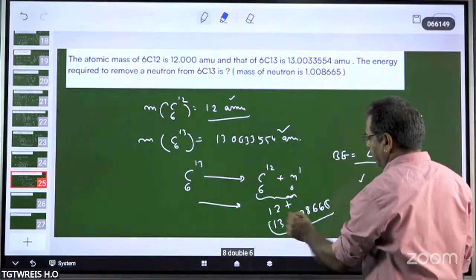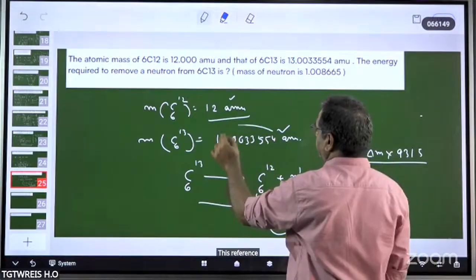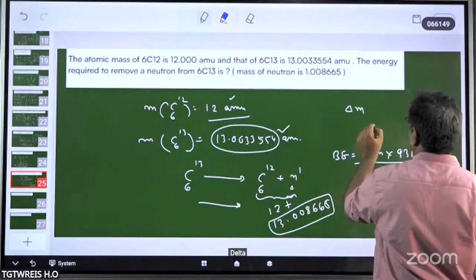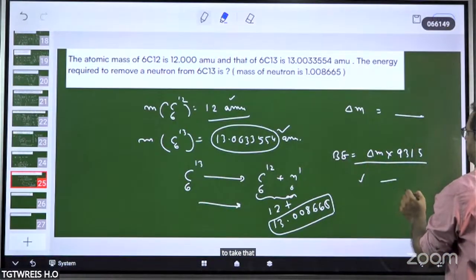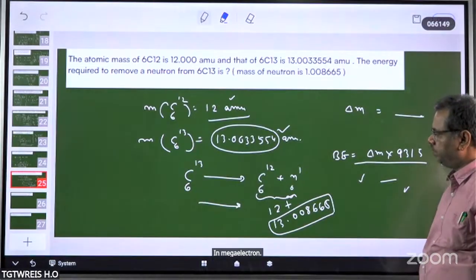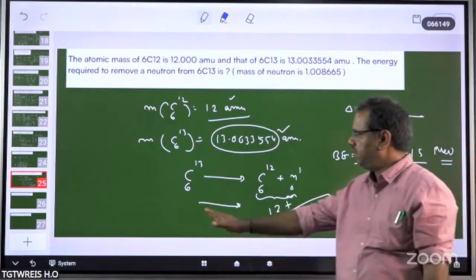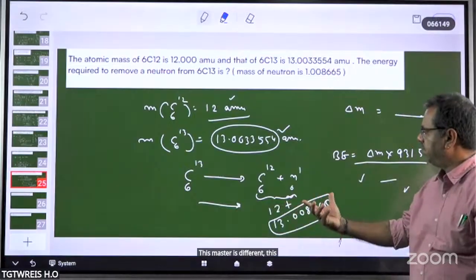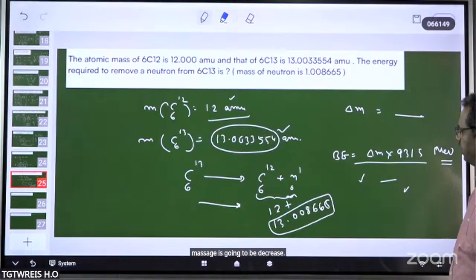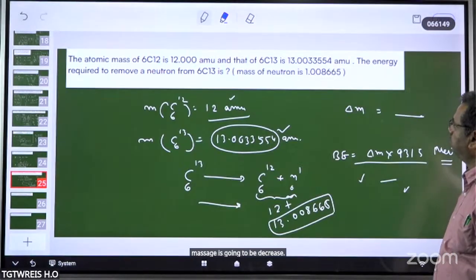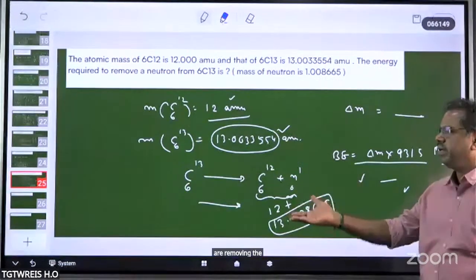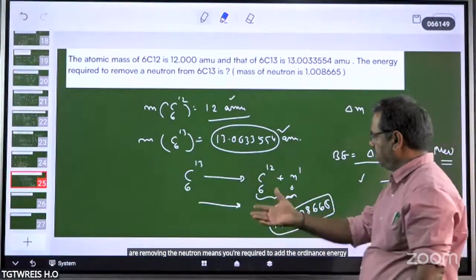Now take this difference, delta M, and find the binding energy in mega electron volt. This mass is different, that mass is different. Removing the neutron means you need to add energy. So calculate.